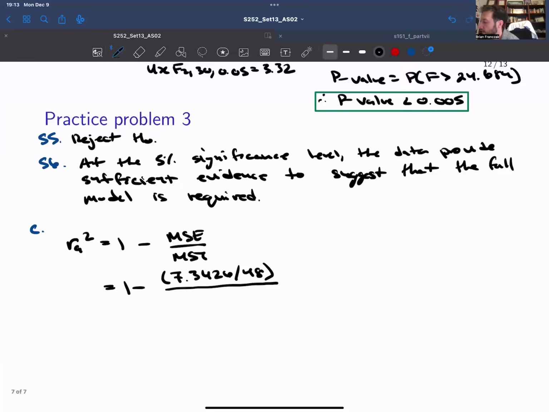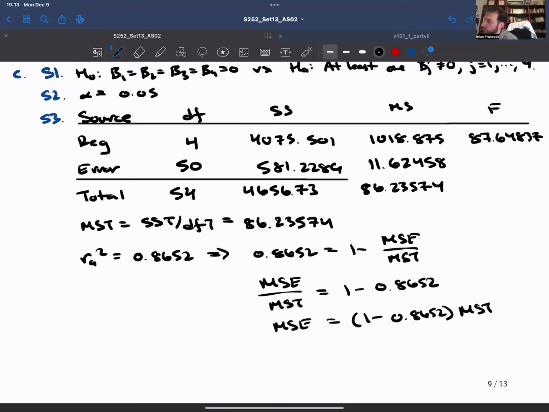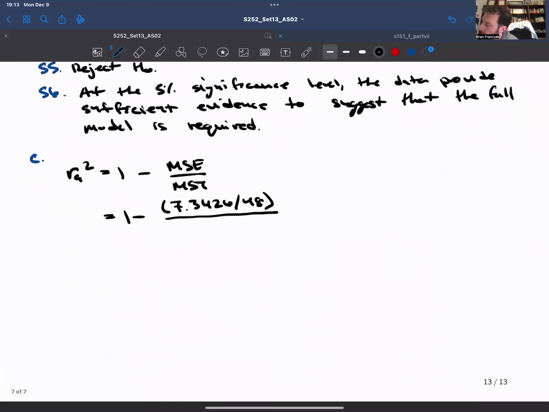The MST will be the same value from the reduced model. This doesn't change. So the sum of square total and the total degree of freedom don't change. So the MST will be as we found it in the ANOVA table, 86.23574. All right, and then this gives us 0.9982.